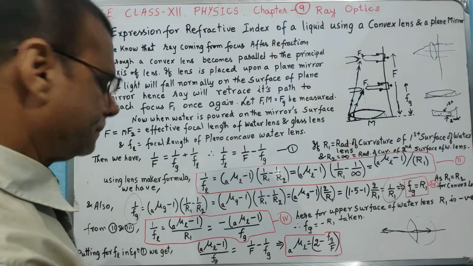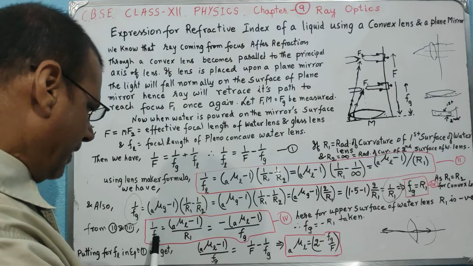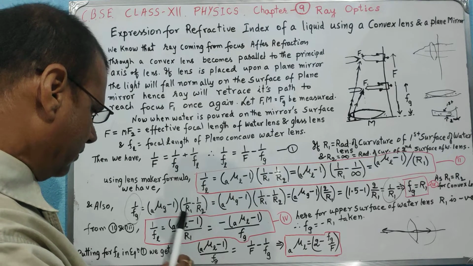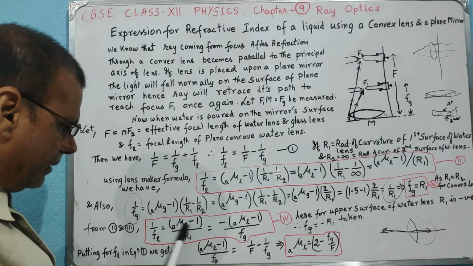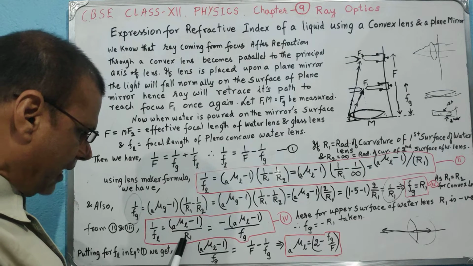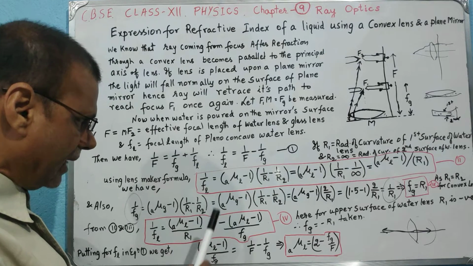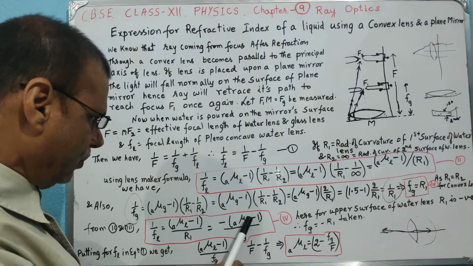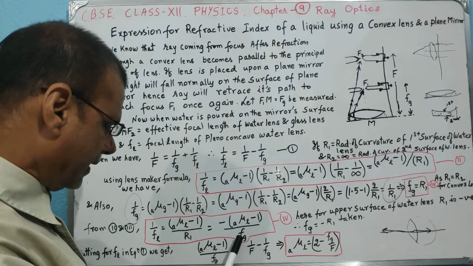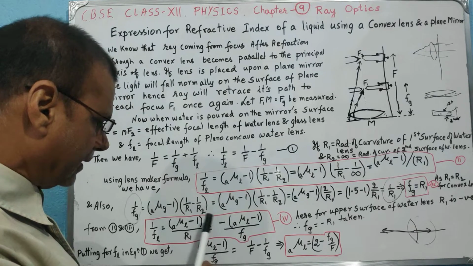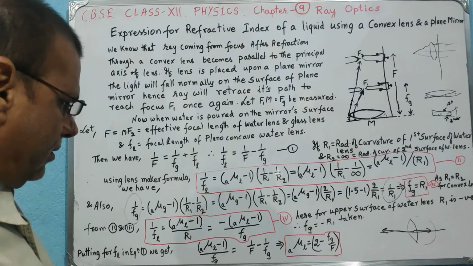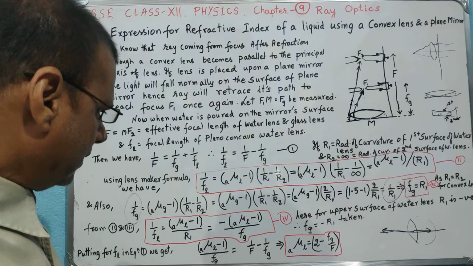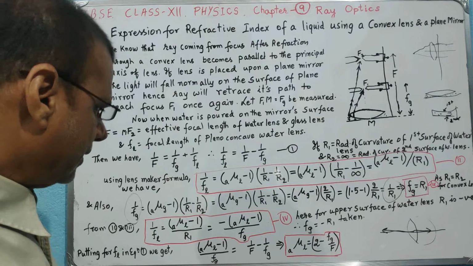So we write 1 by FL equal to mu L A minus 1 by R1, but for R1 we have taken minus sign according to the sign convention, so we write mu L A minus 1 divided by minus Fg, and so the minus sign is carried on to the numerator.